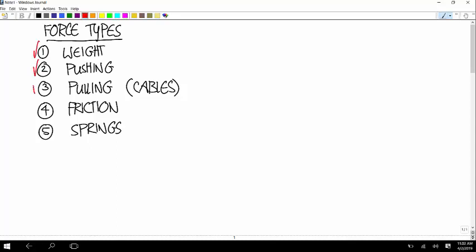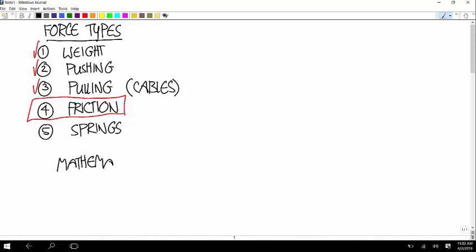And we're done talking about those three, so now we're going to start talking about friction. And before I go into that, I want to talk about one mathematical technique we're going to use.